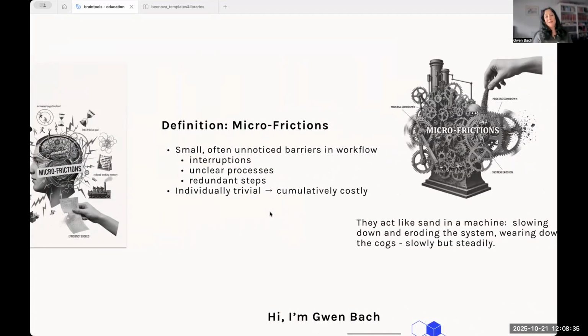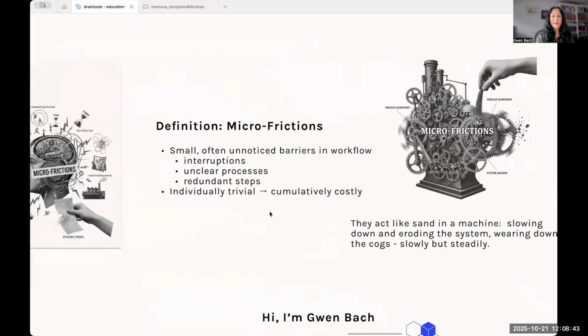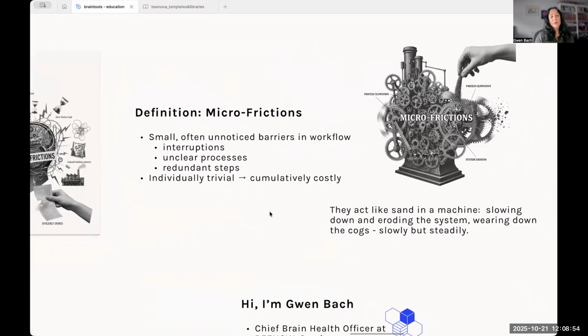So let's start with how we define microfrictions, which actually comes from the Industrial Revolution and from old-fashioned machinery, but it's being applied to the workplace and also to computer programs, to UX and UI design. But we'll talk about the workplace.